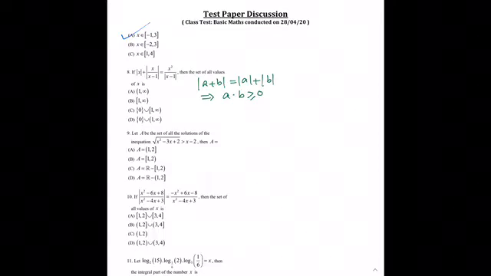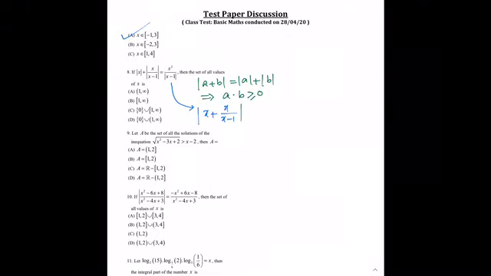So here, if you look at the right hand side expression, it is nothing but |x/x + x/(x - 1)|, and the left hand side is |x| + |x/(x - 1)|. So the above property is applicable here.